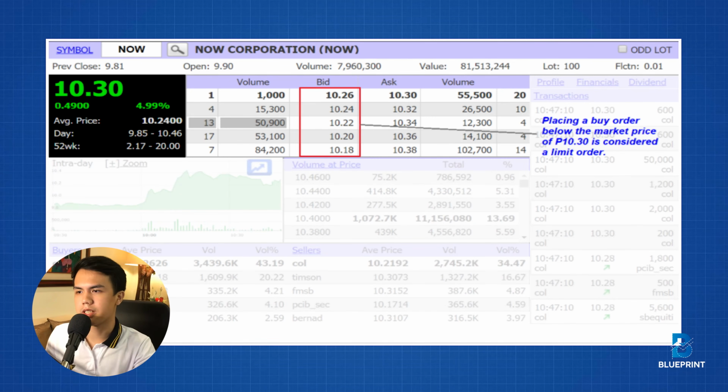So pumipila ka sa bid side na mababa and you're waiting for it to be filled. So if you're doing this though, remember that there's a chance na baka hindi ma-fill yung order mo since you're buying at a lower price and there's a chance na baka magtuloy-tuloy lang siyang umangat. So for example, yan, 10.30 yung price ni now and you place a limit order ng 10.24 or 10.20, diba? You place a limit order.